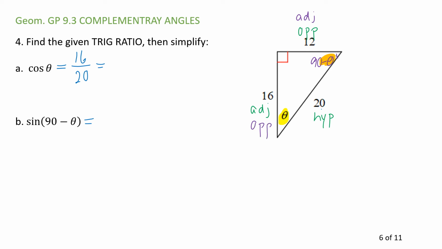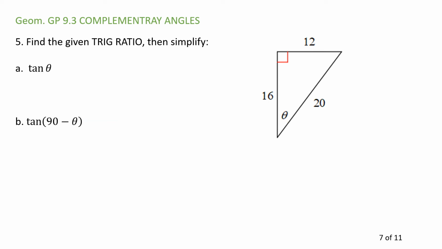So if I'm asking for the sine of this purple angle, the opposite is the 16, and the hypotenuse is the 20. So it's not a coincidence that they're the same because they use the same sides. They are cofunctions. They work together. So opposite corners are going to have the same information.